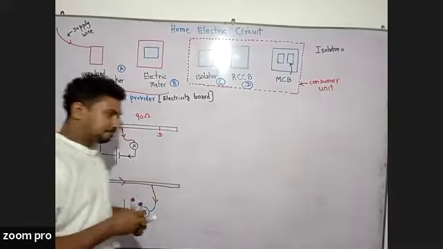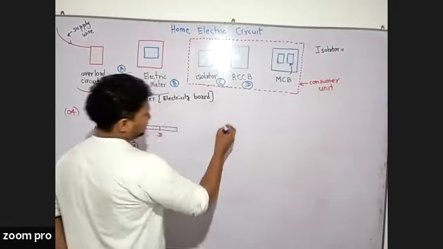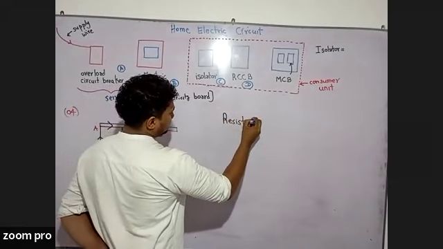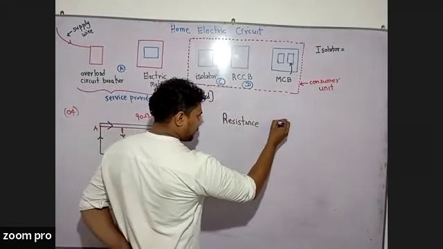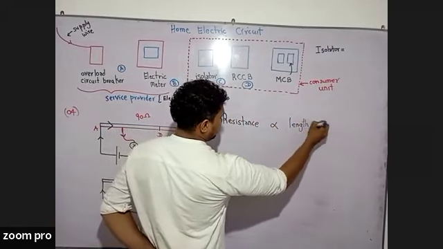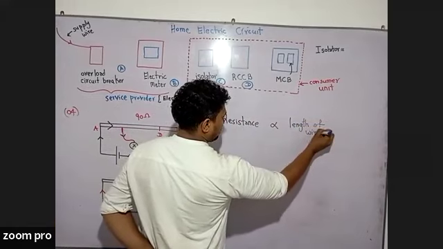So here you should know that resistance is proportional to the length of a wire.